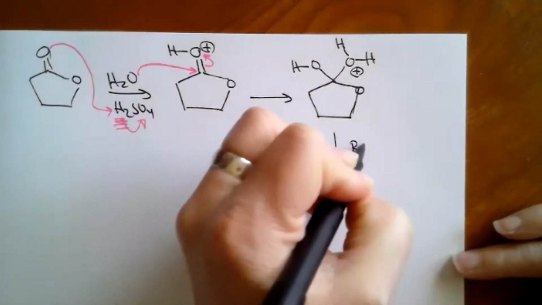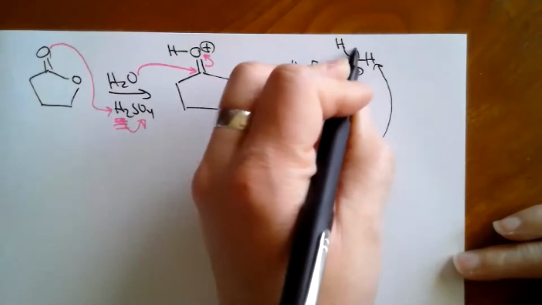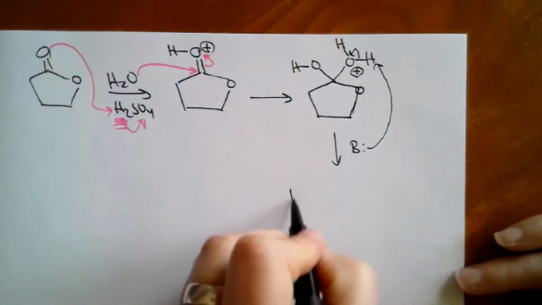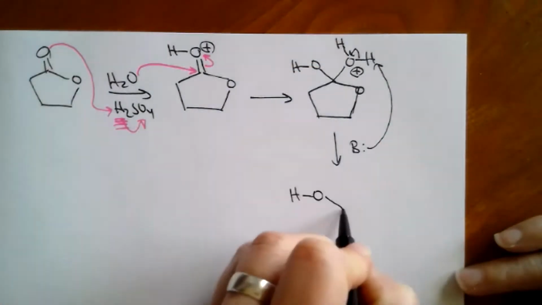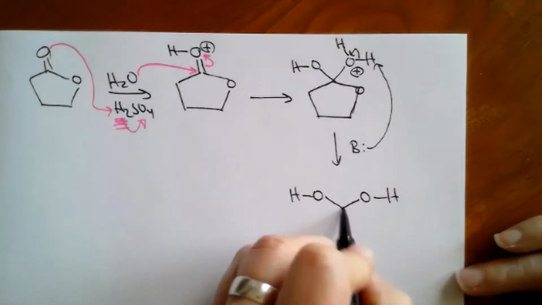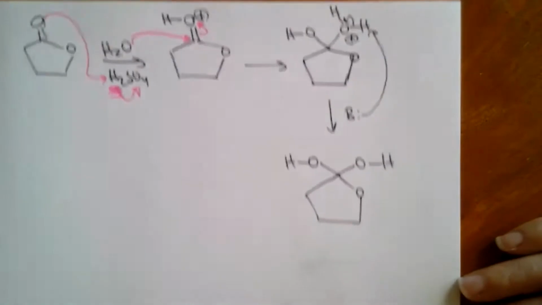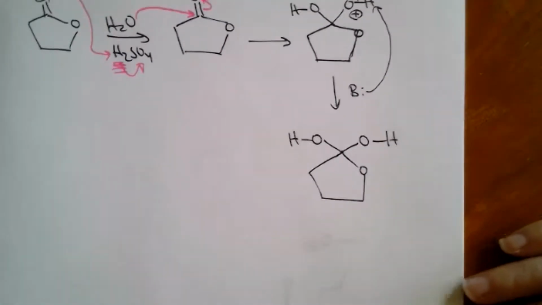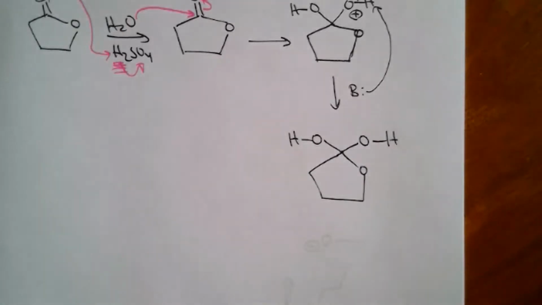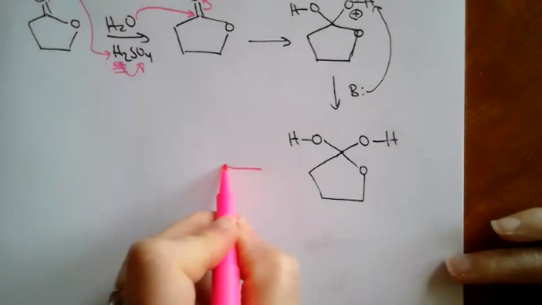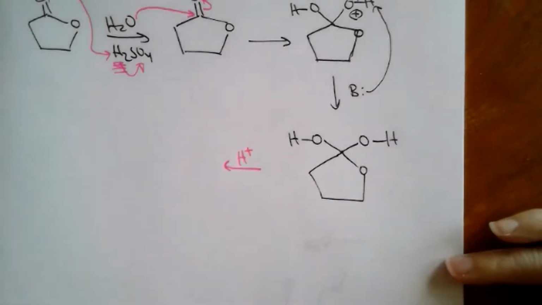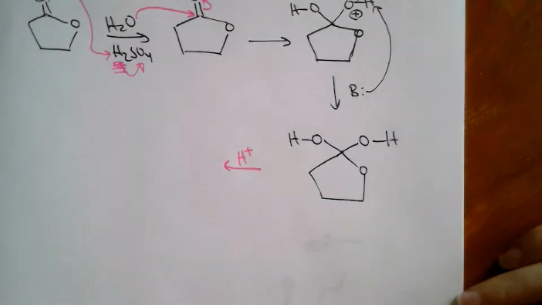Ester reactions go through neutral tetrahedral intermediates when they are acid catalyzed. Here's my neutral tetrahedral intermediate. So I'm ready to fold down, kick out? No, I'm acid catalyzed. I need to make a better leaving group before I fold down and kick out.